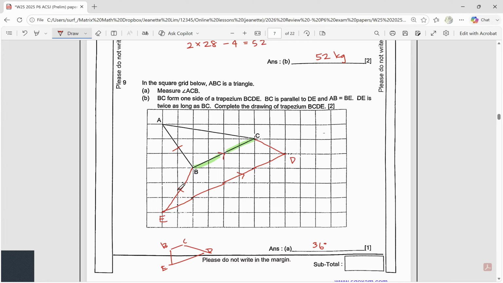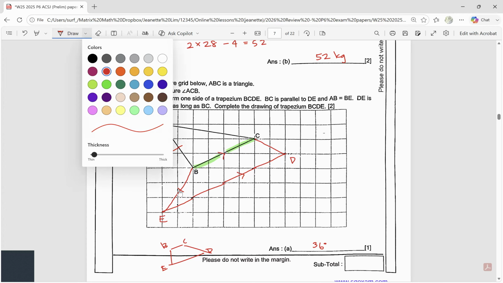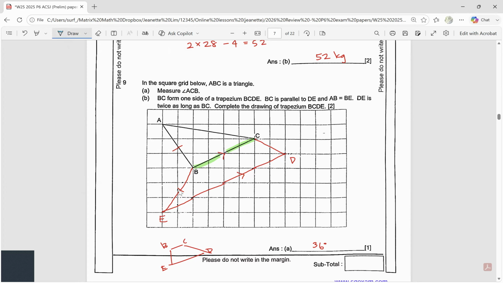Now the other possible answer will be just the one in blue. If you want AB equal to BC, sorry, BE, then you can cut across, use dotted lines. Cut this way. This and this, they are supposed to be equal, right?